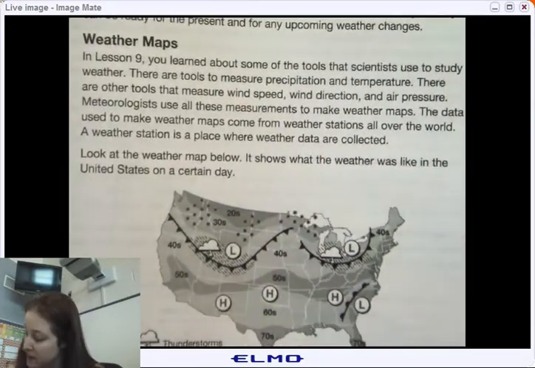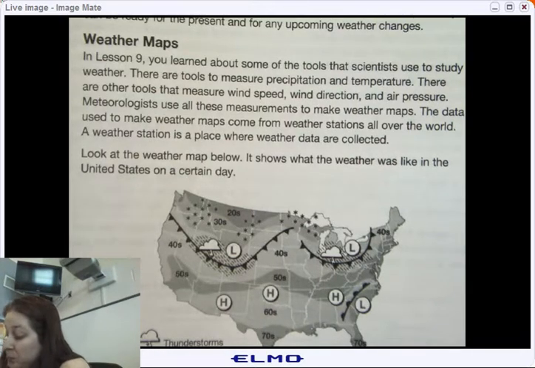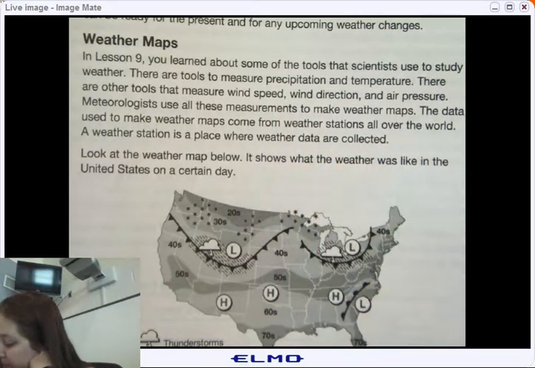Meteorologists use these measurements, wind speed, direction, and air pressure, to make weather... What are we making? Weather predictions. Oh, sorry, not predictions. Well, they do make predictions, but they're also making weather maps.